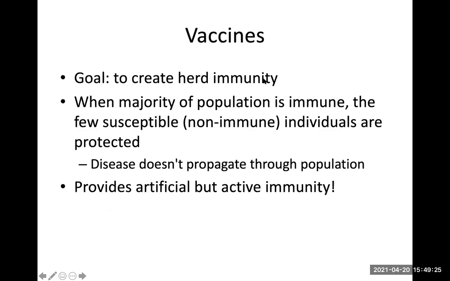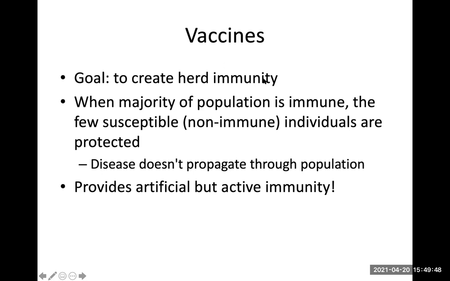Okay. So what's the goal of a vaccine? It's to get enough people immunized that the disease stops being propagated in the population. We call this herd immunity, and I'll show you what that means. When a majority of the population becomes immune, they're vaccinated.